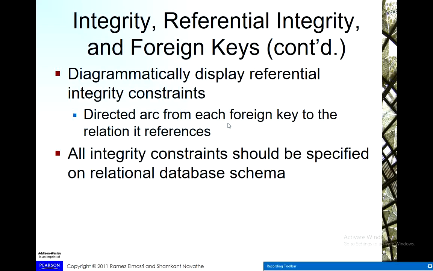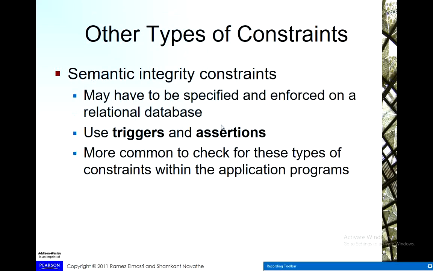So all integrity constraints should be specified on the relational database schema because of these foreign key constraints. There are other types of constraints like semantic integrity constraints, which can be triggers and assertions. These two concepts are database objects. For example, a trigger is a specific object that will be created in a database that will fire when a specific event occurs.